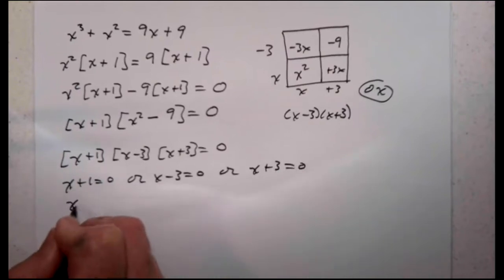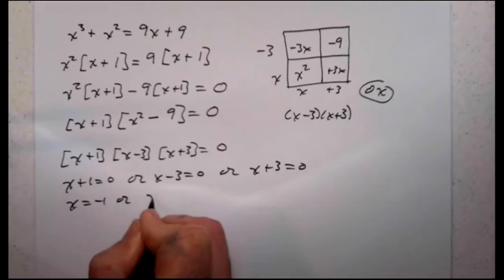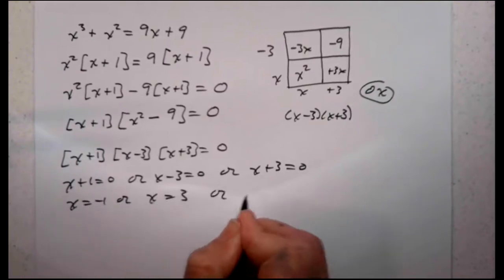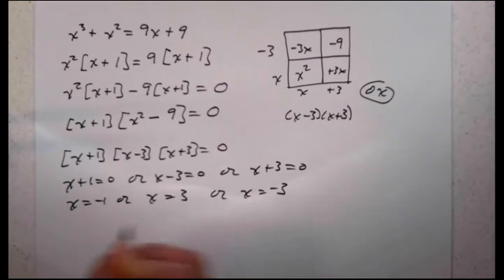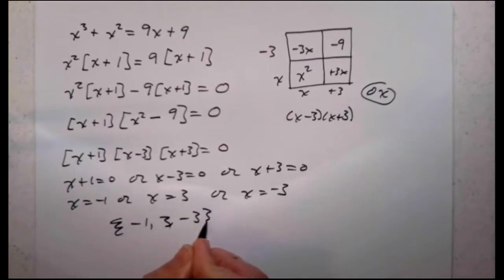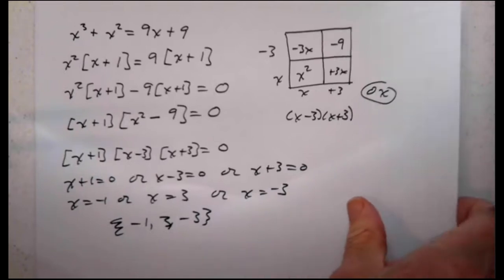Finishing this, x equals negative 1, or x equals 3, or x equals negative 3. So my answer, negative 1, 3, negative 3. Three answers. Again, third order, we'll learn that if you have a third order polynomial, it can have 3 distinct solutions.